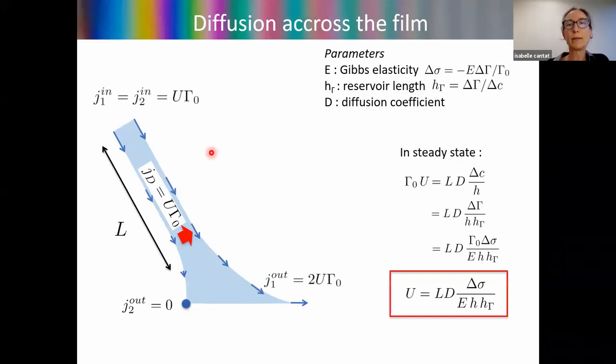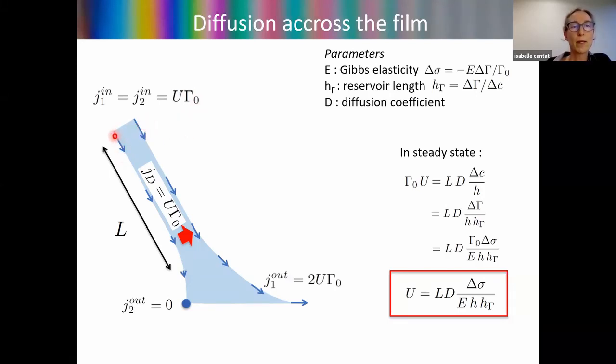I need another one. And the other one will come from the diffusion field across the film, from the mass conservation of the surfactants. So now let's think about the surfactant flux coming here on each interface. The flux on both interfaces at dominant order is the transfer velocity multiplied by the equilibrium concentration of surfactant.